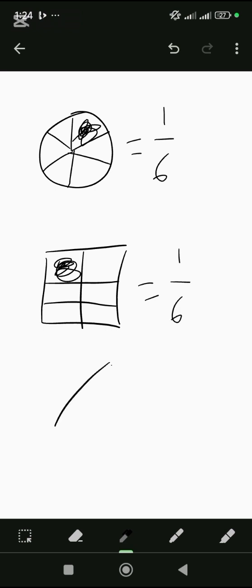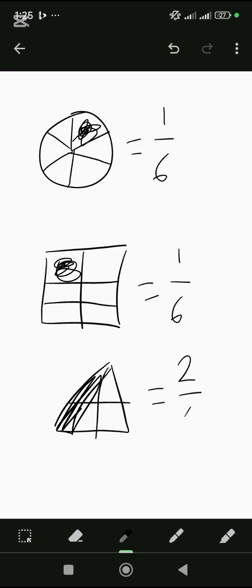If we have a triangle and these 2 parts were shaded, this will be 2/4. So this is how to identify or sort out our fractions.